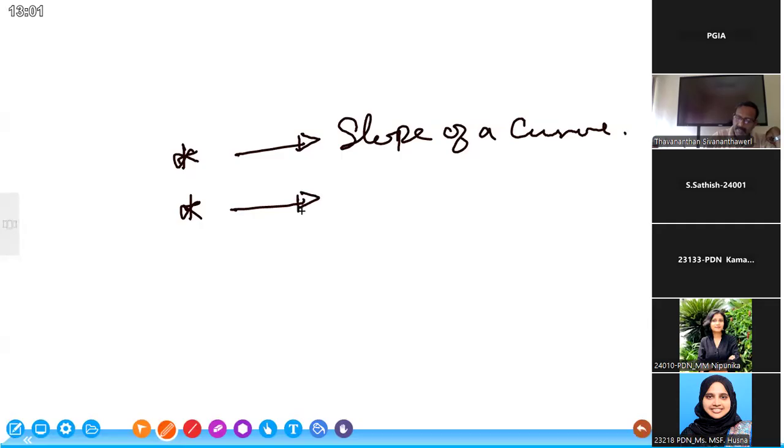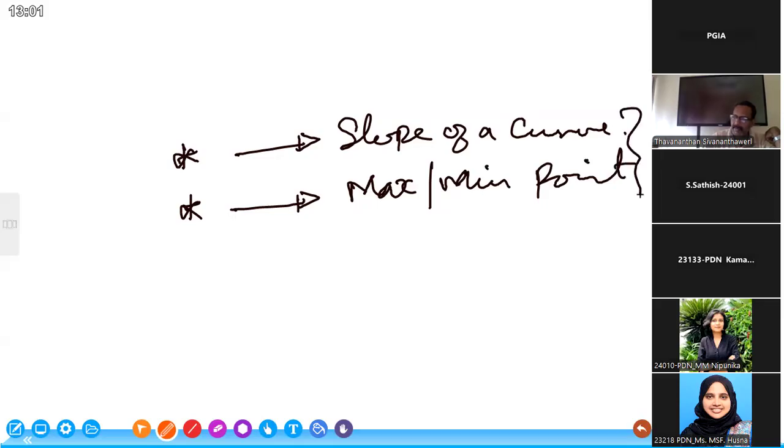Then we have seen how to identify the maximum and the minimum point. Later we will see some of the applications of this.